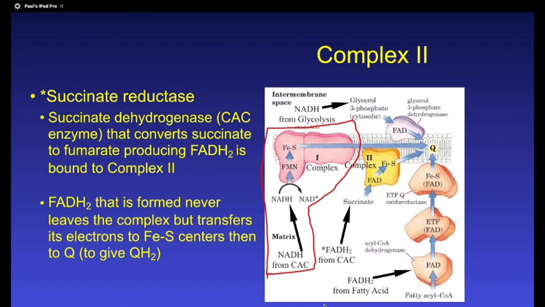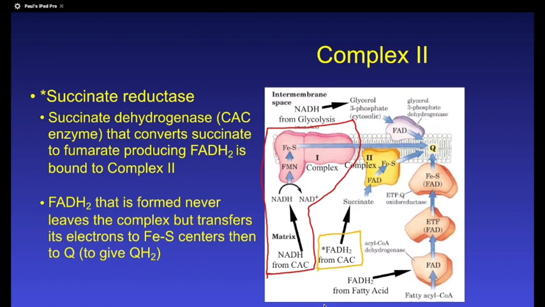What we are looking at originally is this, the FADH2 that comes from the citric acid cycle. Now, really, what we discovered was that complex 2 was the citric acid cycle's enzyme that produced the FADH2.